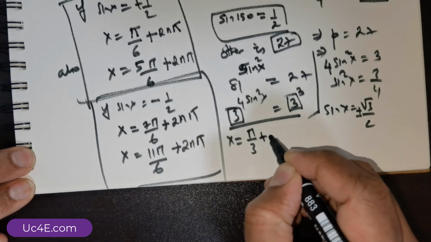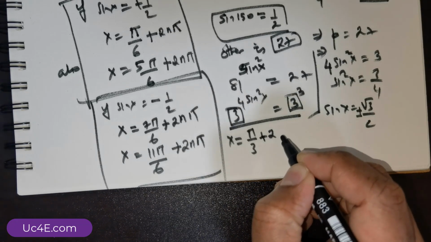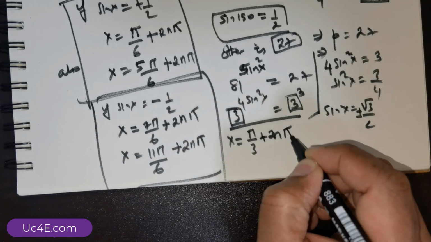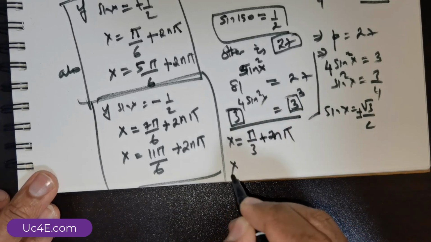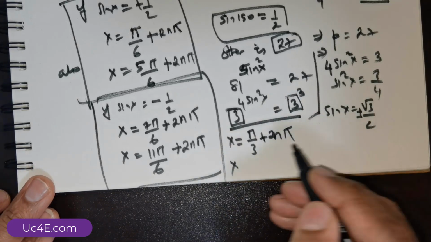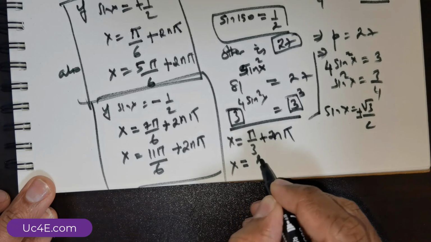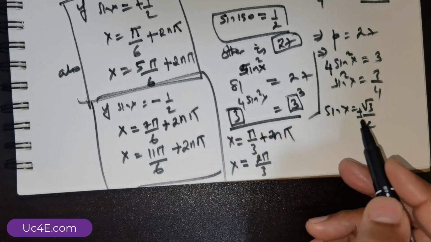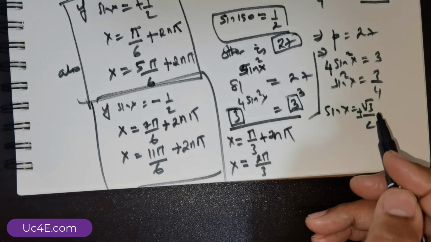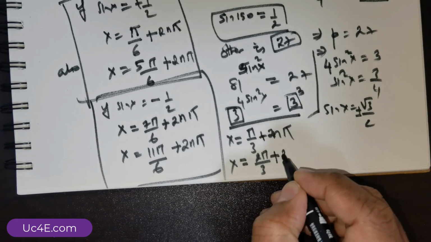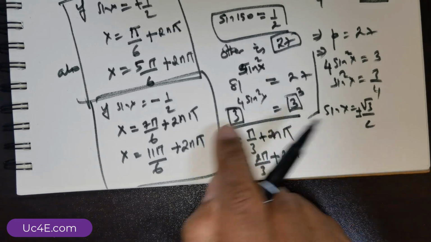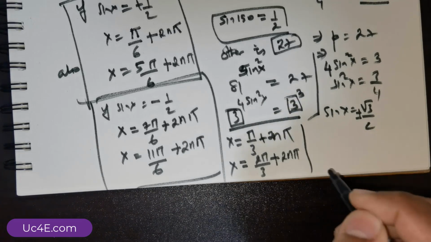If you want to generate all values, this has to be added with 2n pi. Now root 3 over 2 with a positive sign is also generated when you get 2 pi over 3. Sine 120 is also producing root 3 over 2, but we need all values, so you just add 2n pi. As I mentioned, this is obtained from the unit circle understanding.